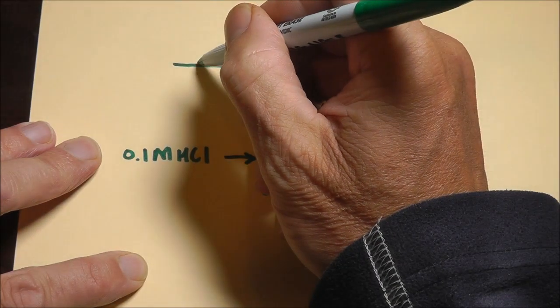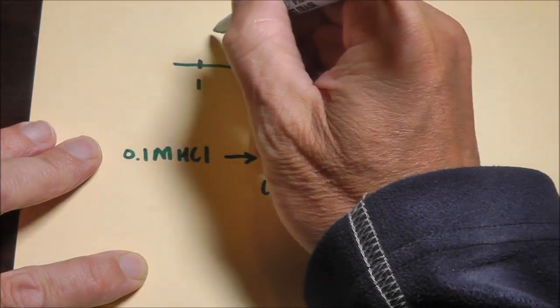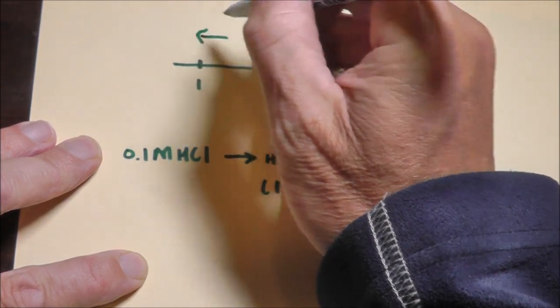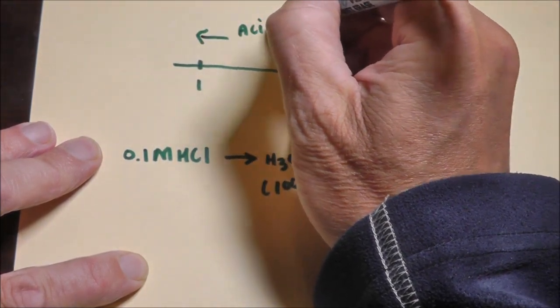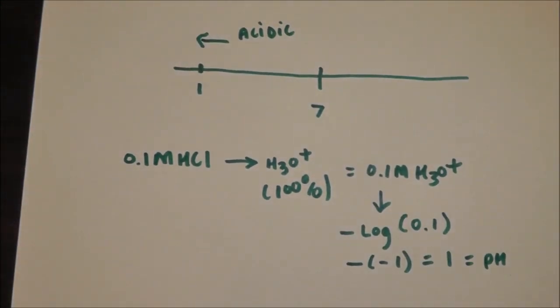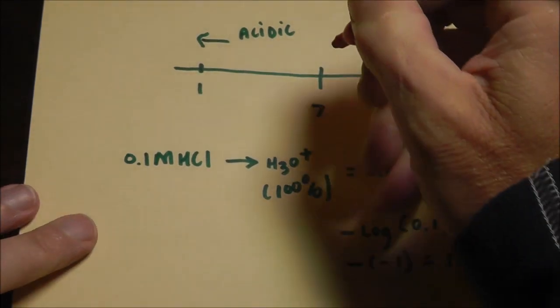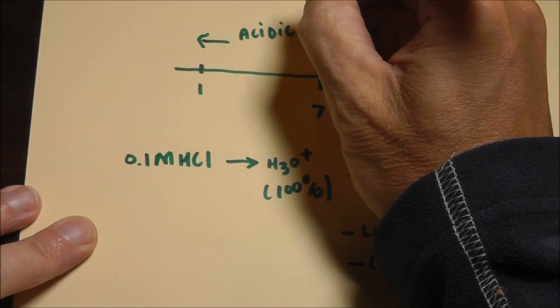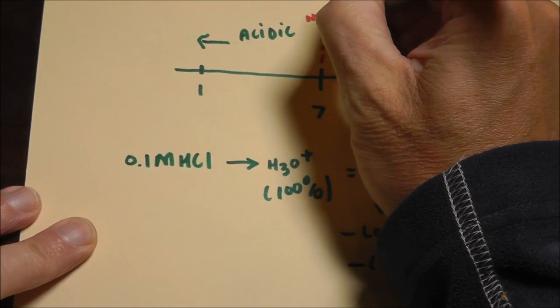So your stomach acid would be way down here, and this would be the acidic end of the scale. Remember, it's just saying that the exponent is negative, but not as negative. Here's neutral. I'll make it red like Switzerland.